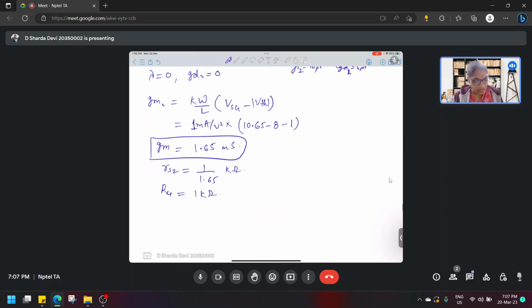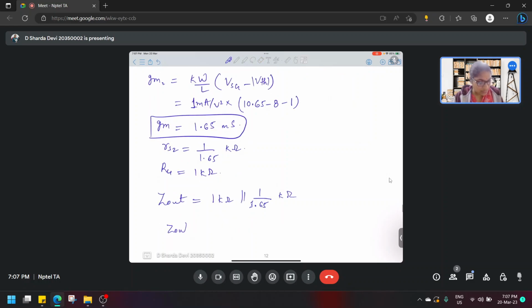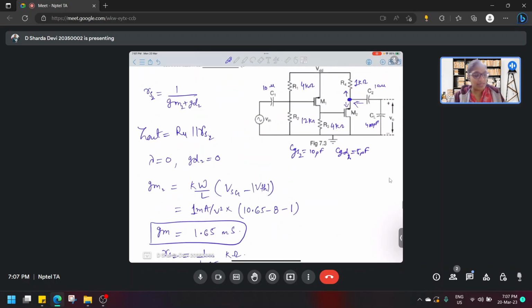So when they come in parallel, the Z out turns out to be 1 kilo ohm parallel to 1 by 1.65 kilo ohms. So Z out will be 377 ohms.